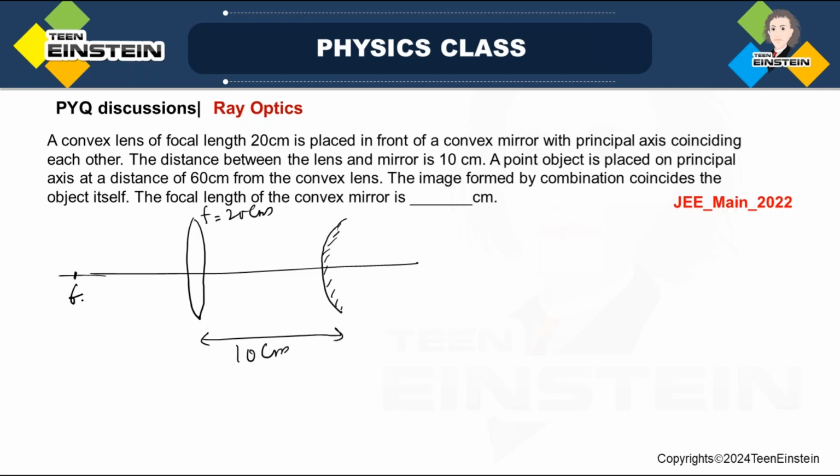So this is 60 centimeter. Okay, so I have a point object over here. The image formed by the combination coincides with the object itself. The focal length of the convex mirror is how much?